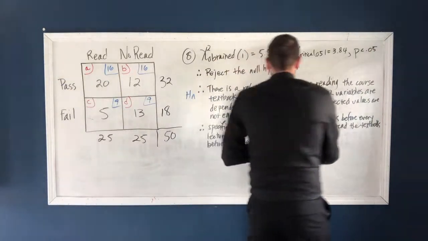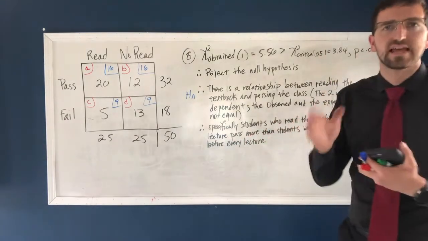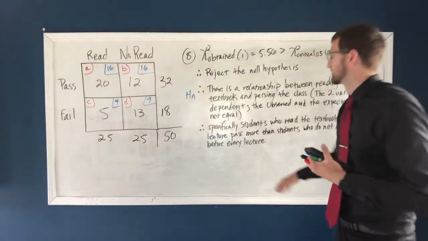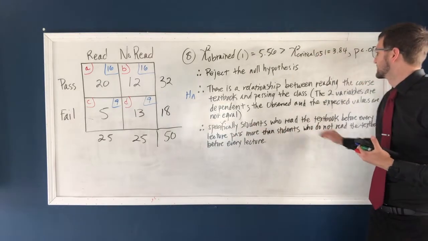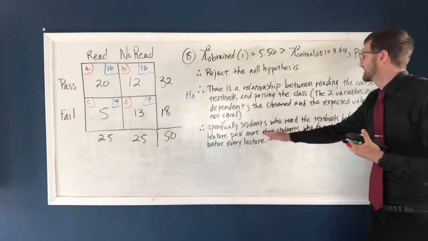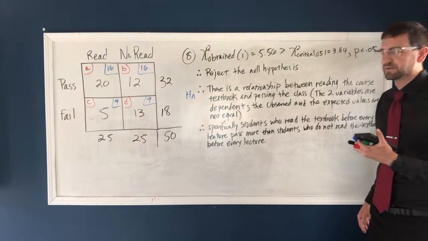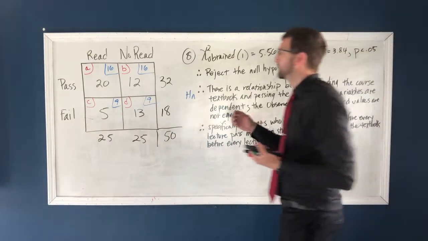Okay? So this next statement is really important, because it's telling us the direction of the relationship. It's saying specifically that students who read the textbook before every lecture pass more than students who do not read the textbook before every lecture. So how do you figure that out?